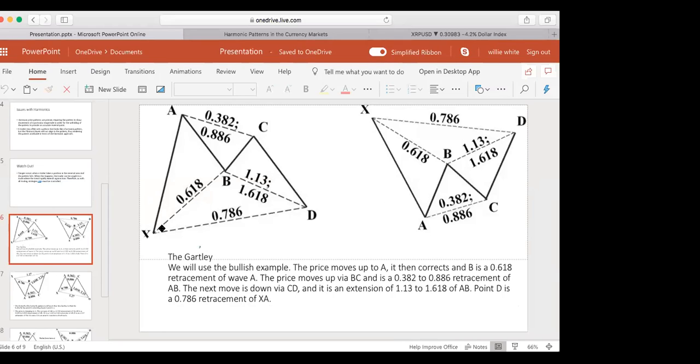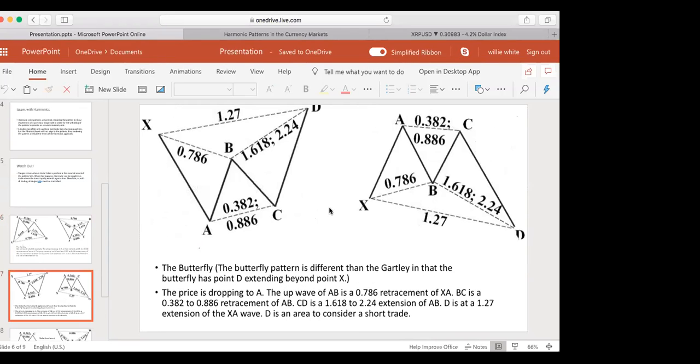Let's say this is support right here, but then again it acts as a resistance and it goes all the way up. So just look for the D. So when the D is going down, you know that it's getting ready to go long, and when the D is at its high, you can go for a short and you can sell it. All right, let's talk about butterfly.